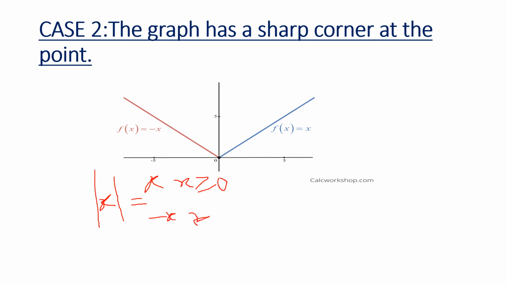So we can easily plot the graph, and you will get a corner point here. So the graph has a sharp corner at this point. So at x equals 0, the function will not be differentiable.